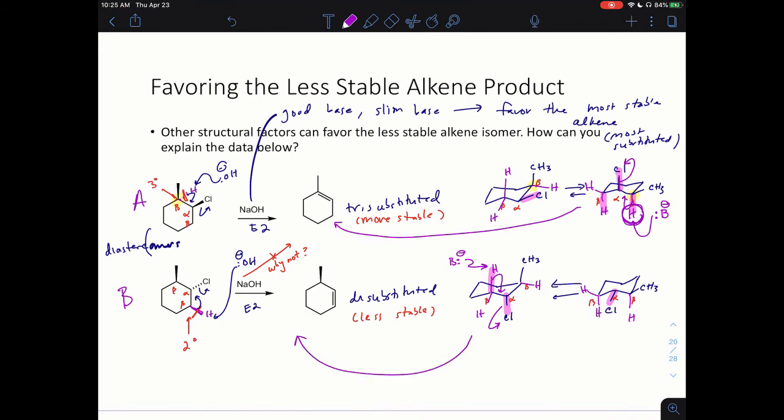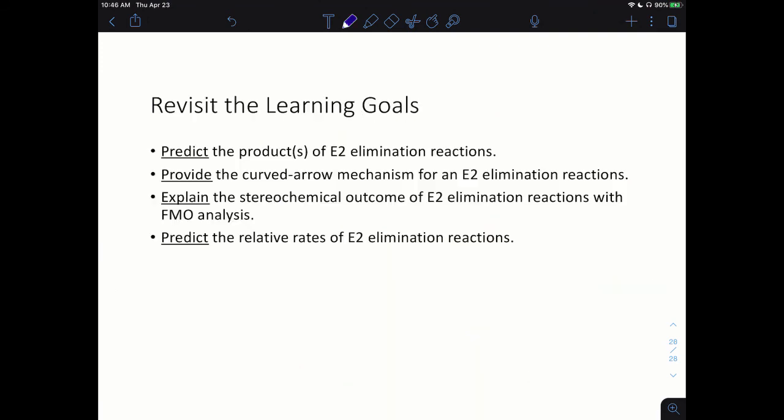So the less substituted product is formed because that's the only anti-periplanar hydrogen that we had. And that's where we have the best orbital alignment, when we have an anti-periplanar beta hydrogen to the leaving group. And so that's the product that we form.